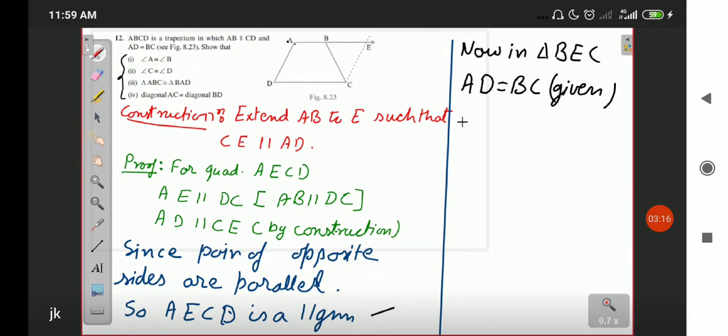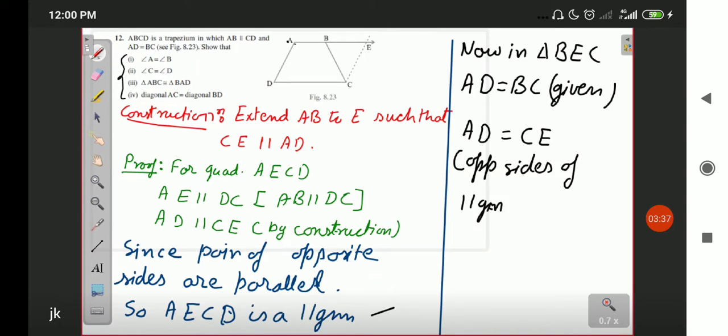And secondly, I will say that AD is also equal to CE. Why so? Because opposite sides of a parallelogram are equal.